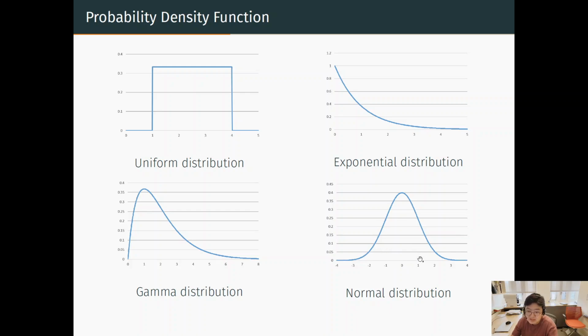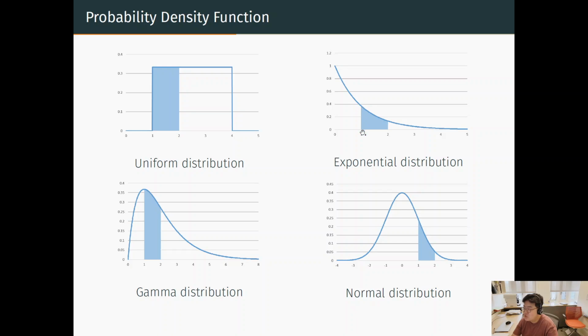Finally, normal distribution. You must have heard about this. Bell curve. This is the bell curve. It's centered around 0 and symmetric. Okay? So different distributions have different densities if the randomness is continuous. And the probability between 1 and 2 is this area. If you are interested in probability between 1 and 2, uniform distribution has a rectangle, so it's easy to calculate.